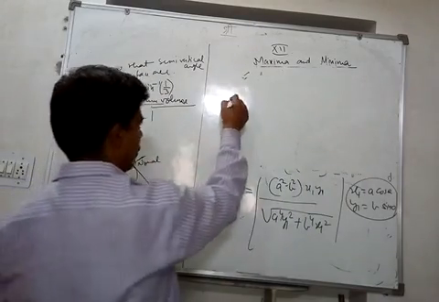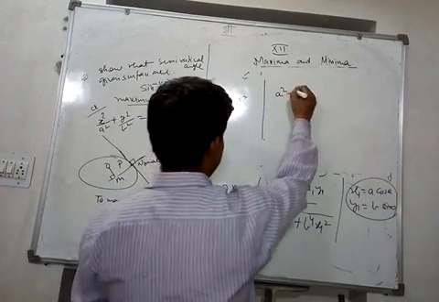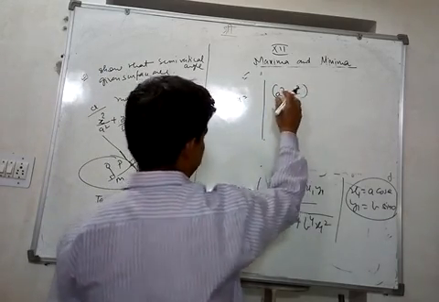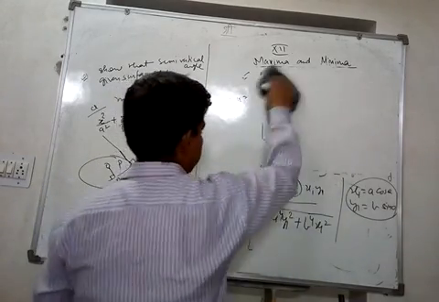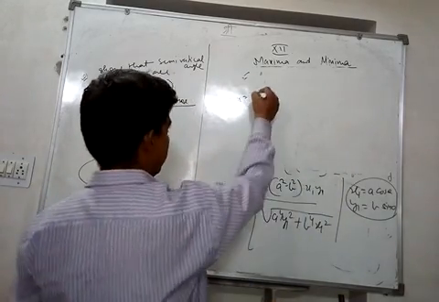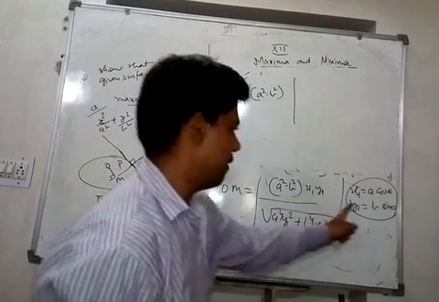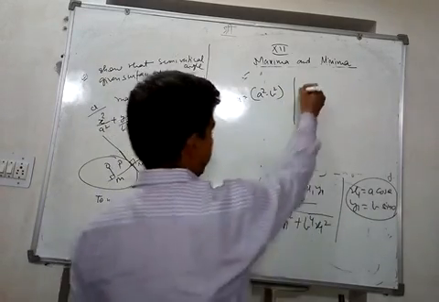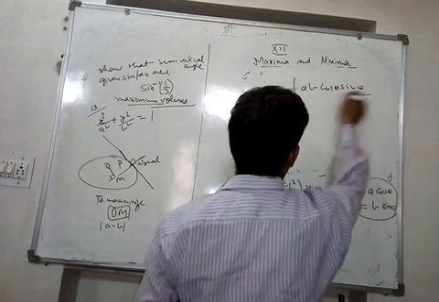So OM is equal to modulus of a square minus b square. Okay, this you can take out of the modulus if it is positive sign. So just take it out of the modulus, a square minus b square. What is left? x1 y1. So a cos theta, or we can write ab cos theta sin theta, right?